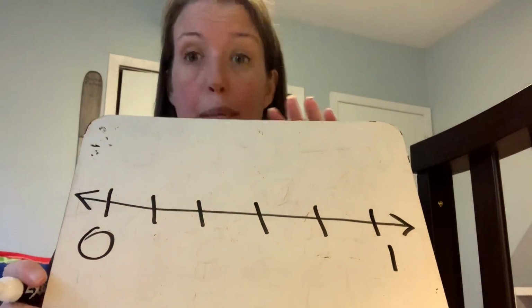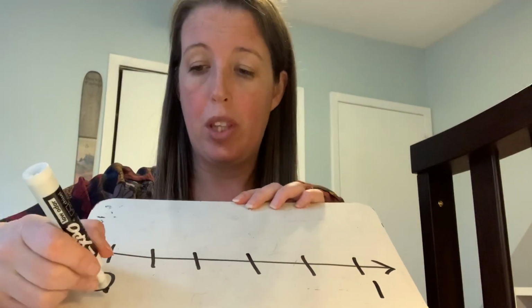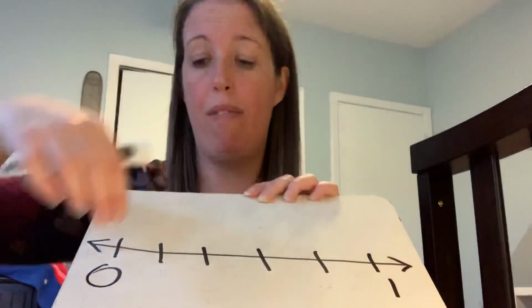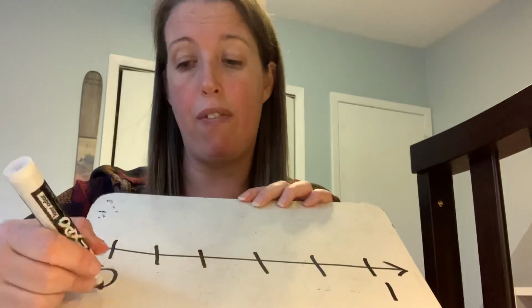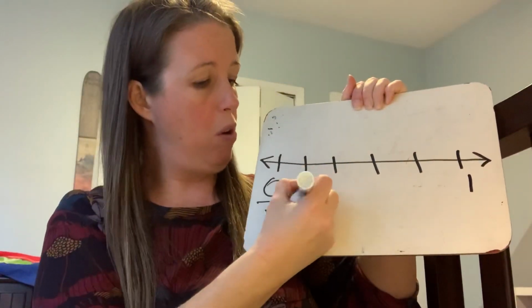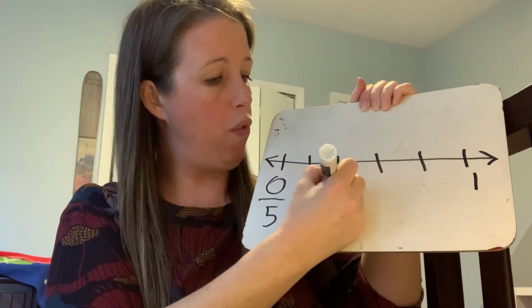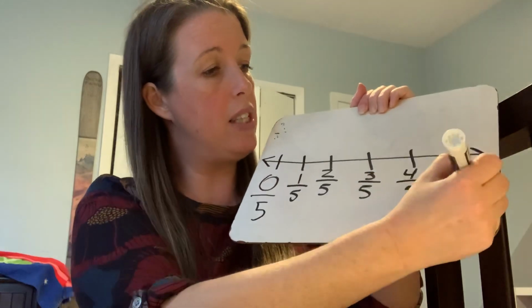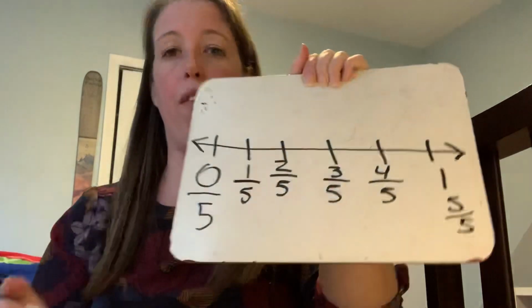Next, I'm going to label each marking on here. So since I'm looking for 4 times 1/5, each dash on my number line is a 5th. So I'm going to start with no 5ths, 1/5, 2/5, 3/5, 4/5, and 1 whole is equivalent to 5/5.